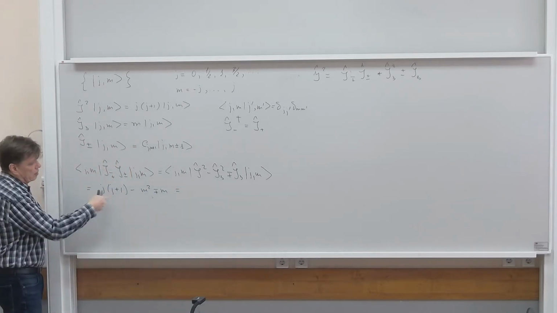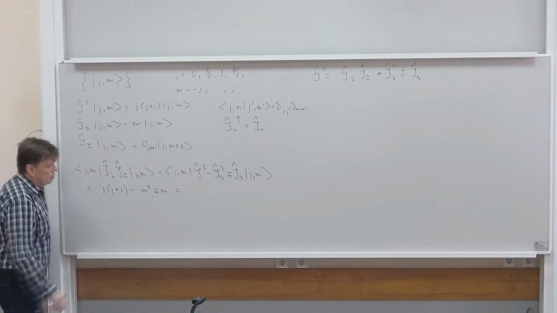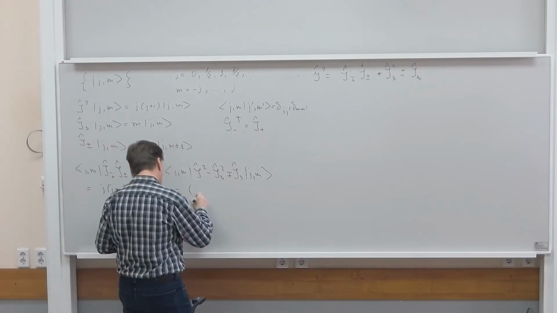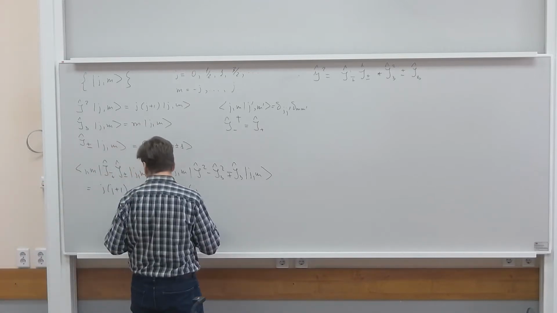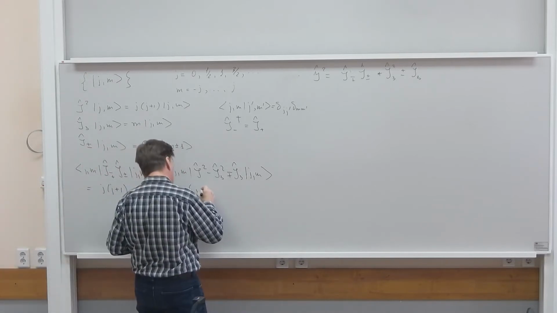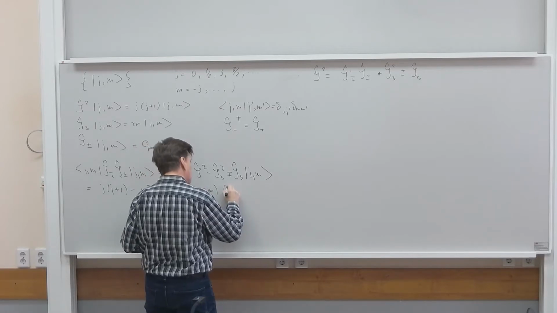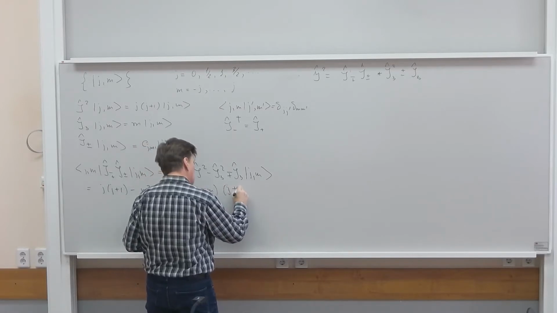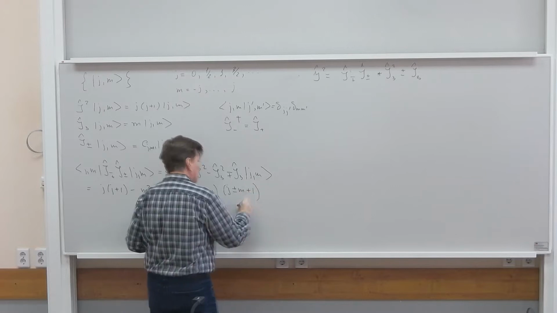And with the help of a little algebra, we can rewrite this expression. We can factorize it into the product of two numbers, (j ∓ m) times (j ± m + 1).